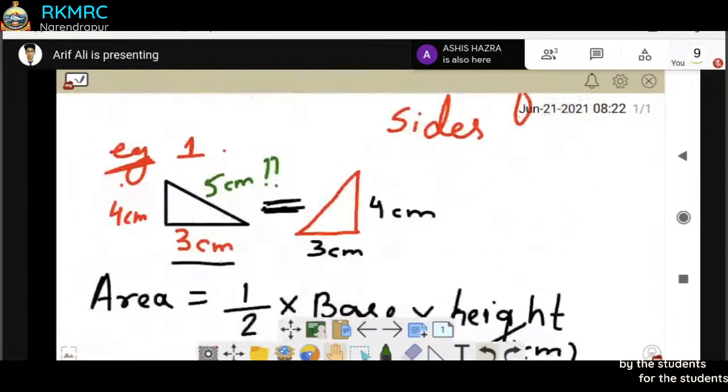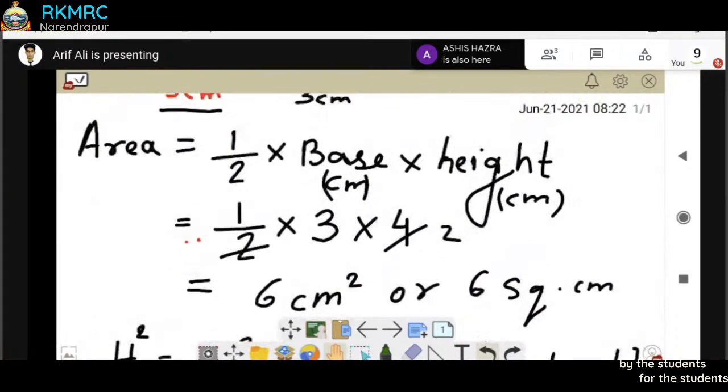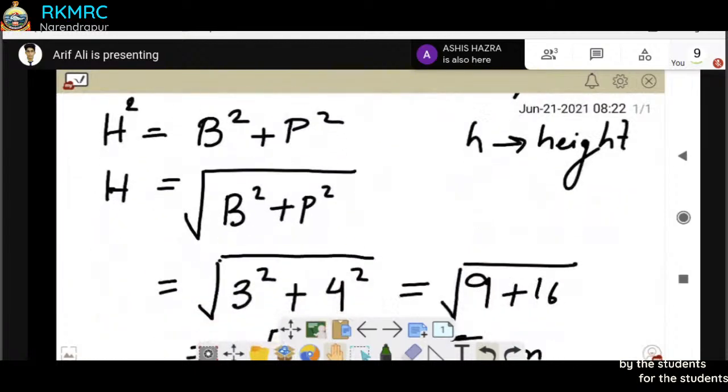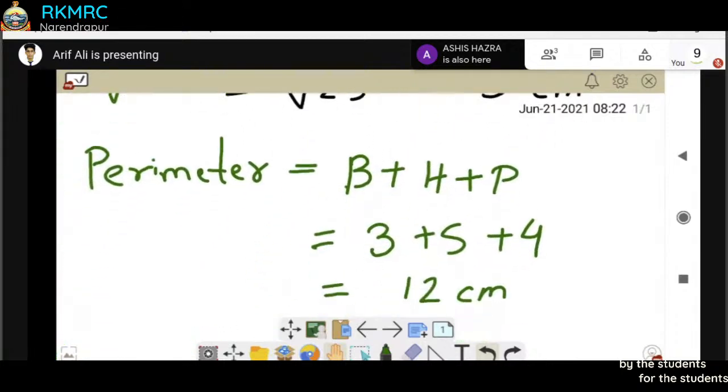Perimeter is the sum of all the sides. Then we calculated this hypotenuse. This is your hypotenuse, 5 centimeter. Then perimeter.